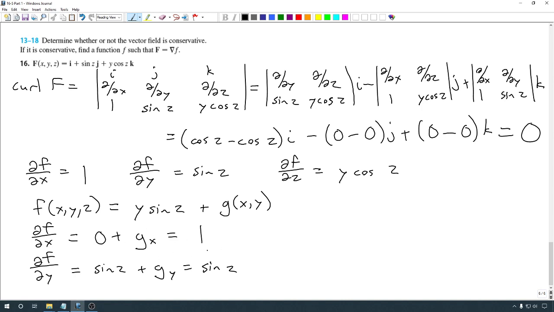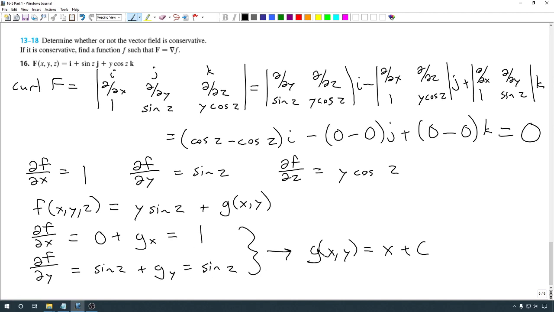So we'd want to take g sub x equals 1, and integrate it to get what g is in terms of x. Well, the integral of 1 is just x, or technically x plus a constant. So g of x, y is equal to x plus a constant. Again, I'm just assuming here that it doesn't have any dependence on y, so integrating g sub y equals 0 just gives us that constant plus some function of x.